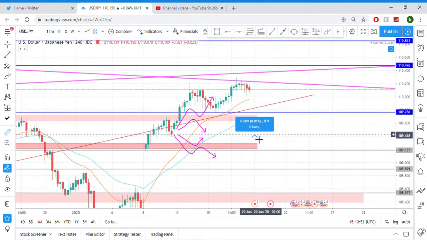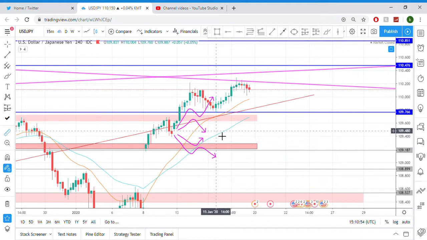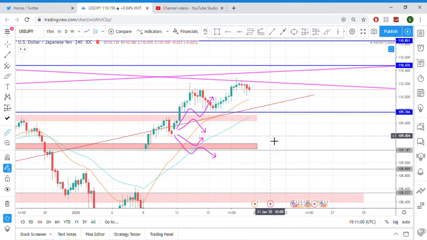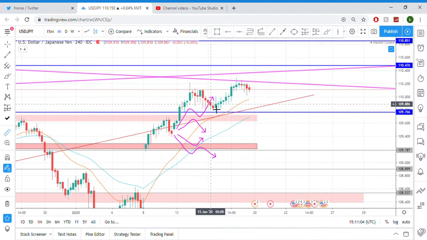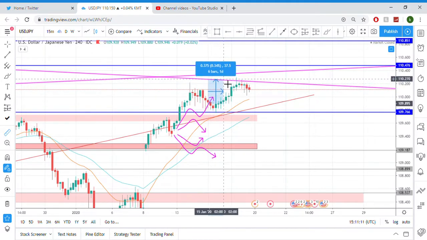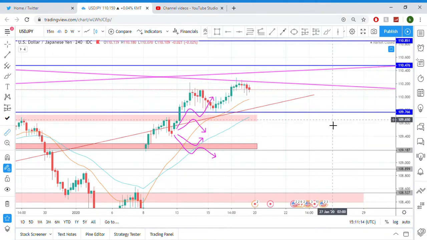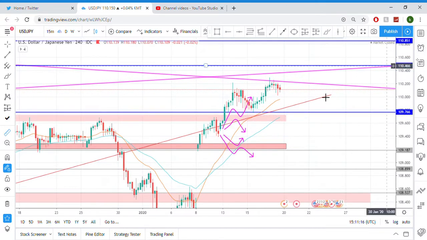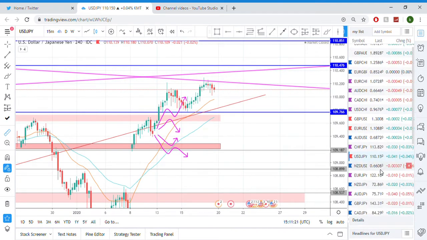So make sure you subscribe for that. But we did have a potential buy off this line at 109.766. It was a potential daily level that we had. I did mention it as well, and we had a maximum move of 40 pips, but it's still running. So we just have to wait for next week to see if this will hold for longer.